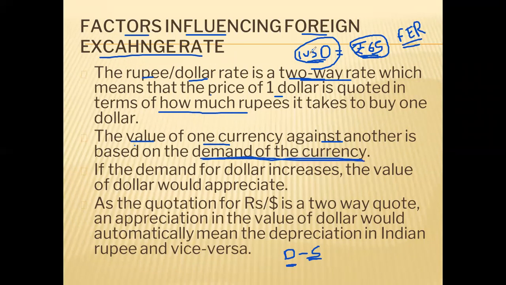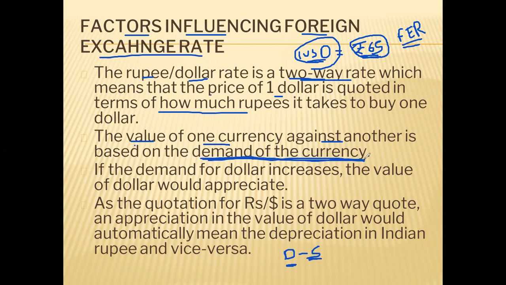Suppose there is more demand for US dollars. Their purchasing side is high, demand is high, then automatically we will have an increase in the dollar price. Or if it is reverse, and the supply of dollars is more, then we will have a downside trend in the foreign currency. So the basic factor influencing the foreign exchange rate is the demand for that currency.